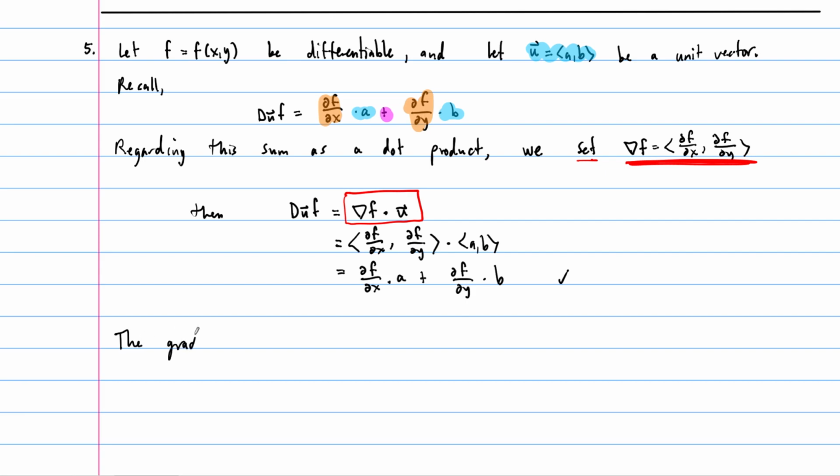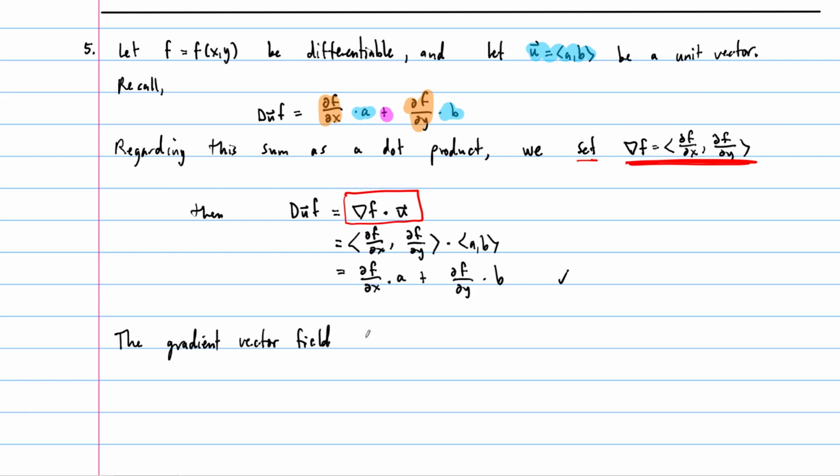So the gradient vector. Now, we're going to get into this later in the semester, but this is a formal vector in the sense that the entries of this vector could be functions themselves of x and y, and I kind of alluded to that a minute ago, right? So I'm going to actually call this the gradient vector field. This word field we can kind of ignore for now, but we'll come back to this later in the semester, and then it'll all make sense why I'm calling it a field.